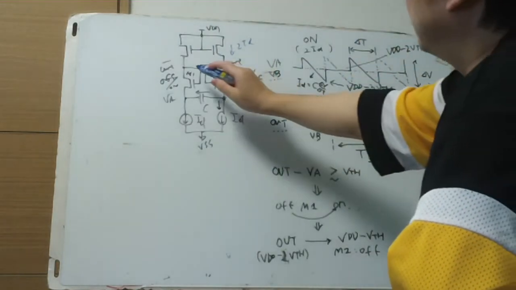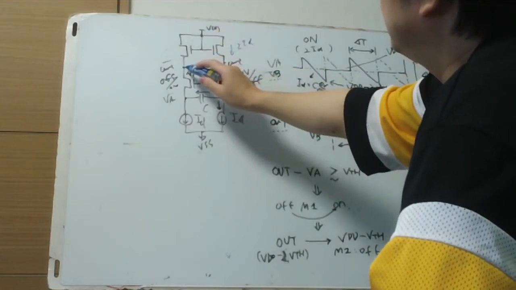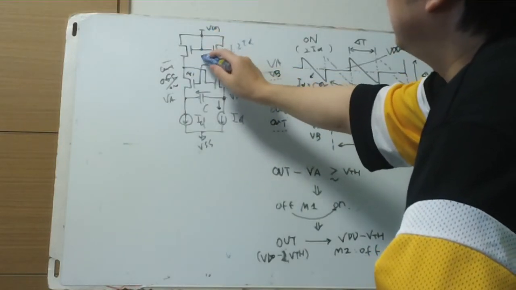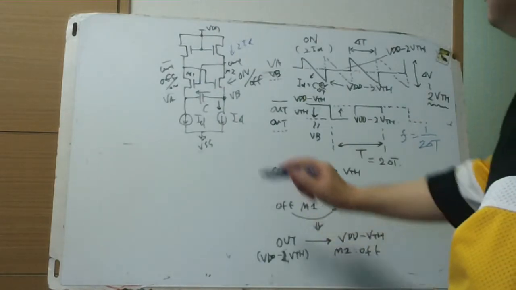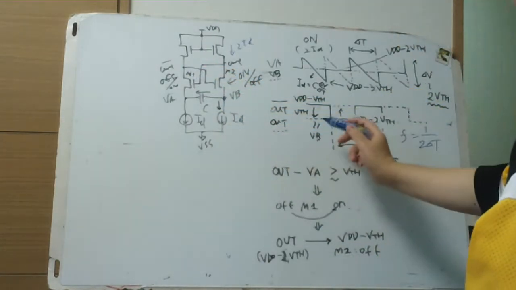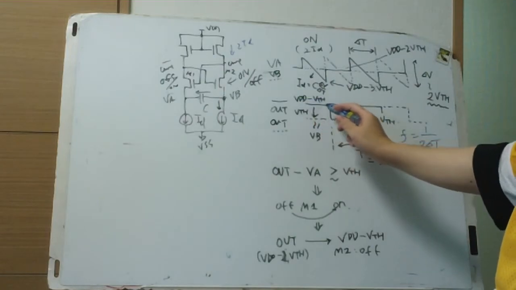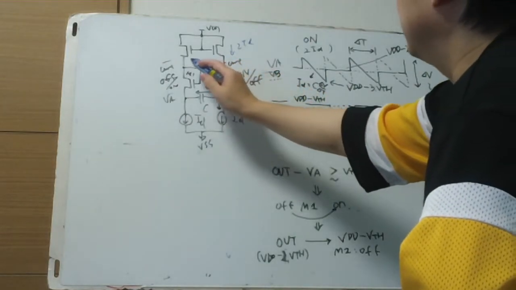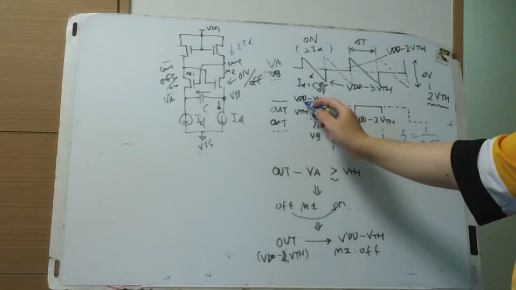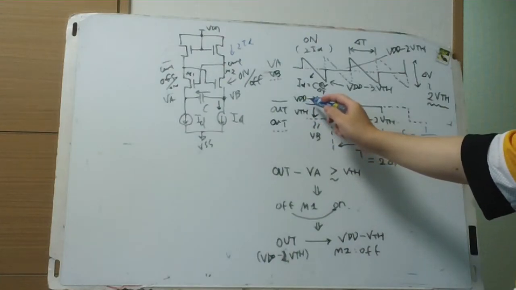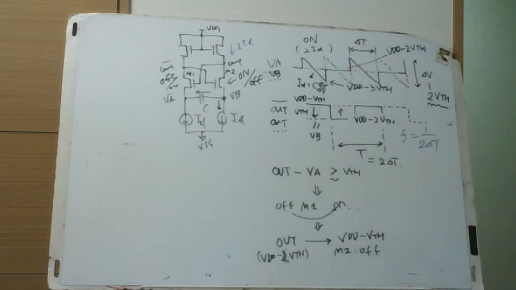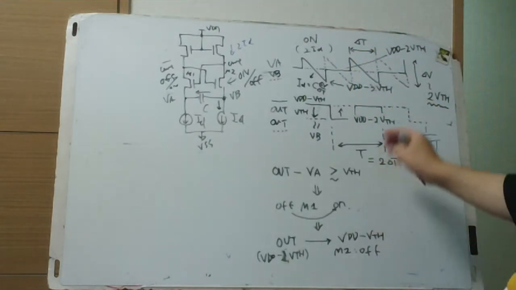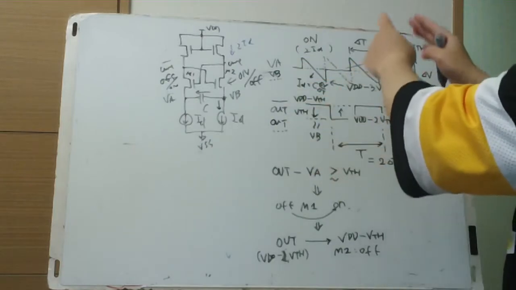So this is around VDD minus VTH, with gate VGS equal to around VTH. This is out, and this is outbar. Outbar is going around VDD minus VTH, roughly, looking at this fast movement period.